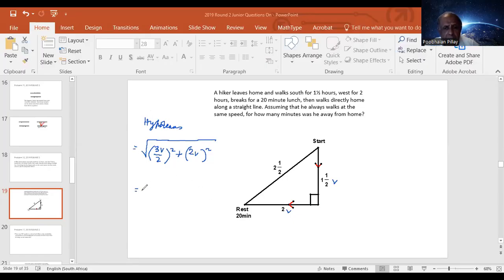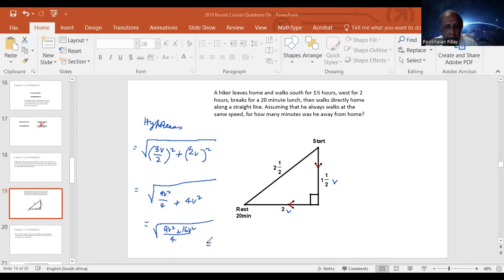Now, when you simplify this, what do you get? You got 9v squared over 4, squaring it. And this is 4v squared. And then when you take your denominator as 4, you got 9v squared, and this is 4 times 4v squared, which is 16v squared.